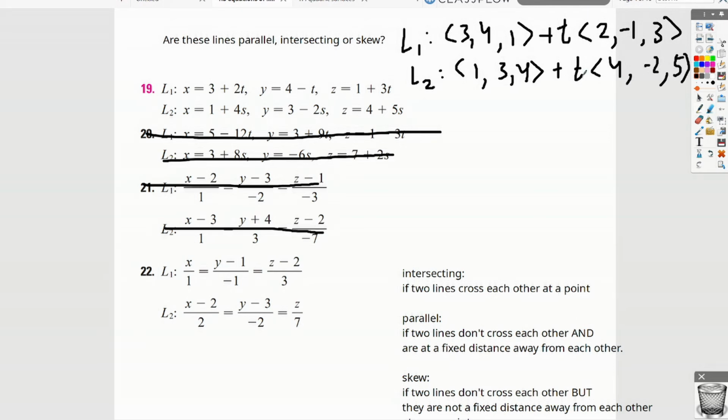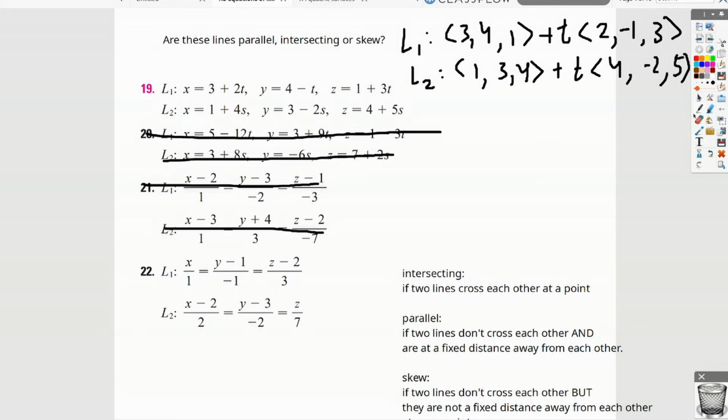So we have to compare this vector right here. This is like a slope vector. Now the reason why I keep saying slope even though it's a vector is in 2D, in R2, lines that are parallel have the same slope, right?